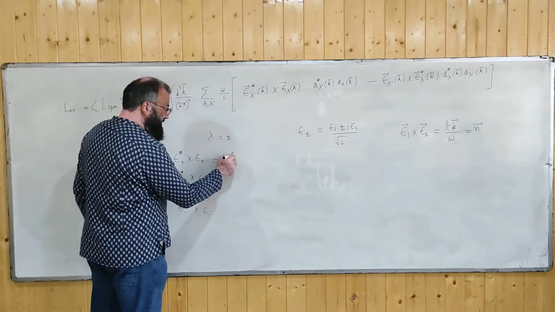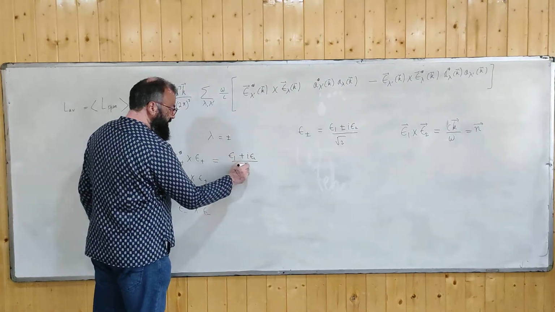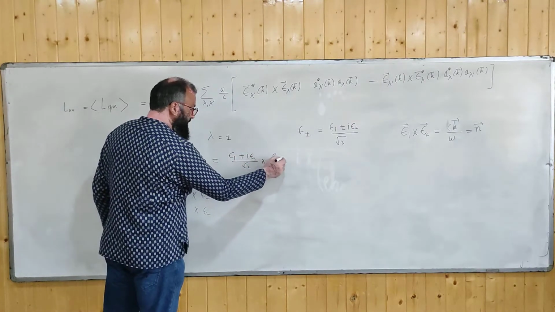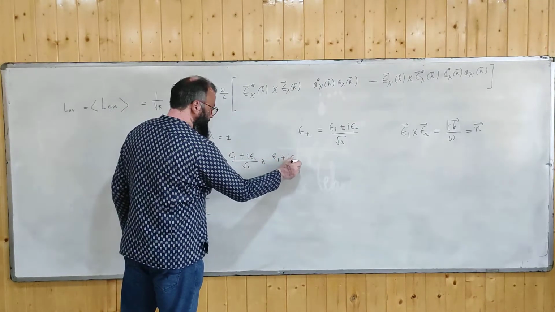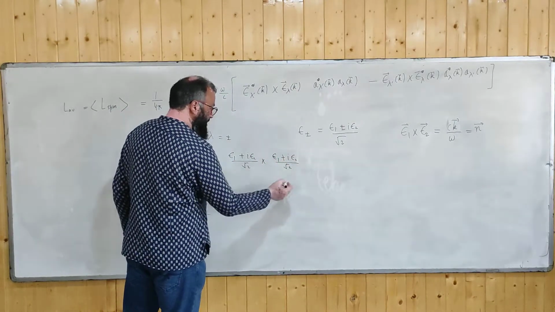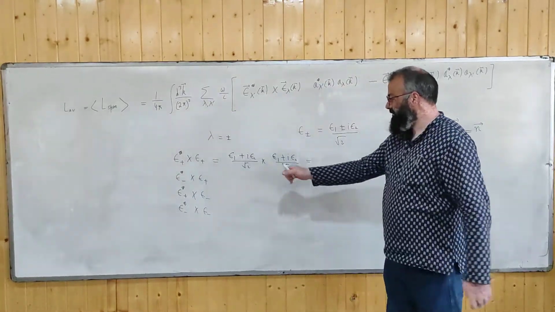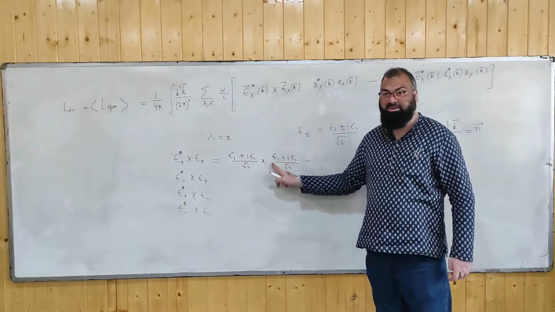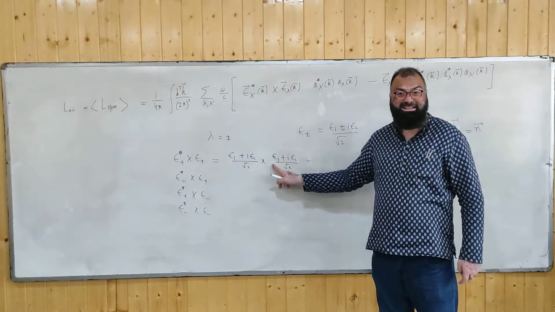So you have epsilon 1 plus i epsilon 2 by root 2, cross epsilon 1 plus i epsilon 2 by root 2. How much is that? Now tell me, epsilon 1 cross epsilon 1 is? What is the cross product of a vector with itself? It is 0.